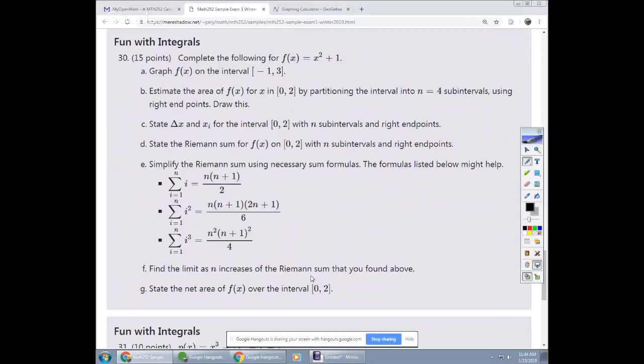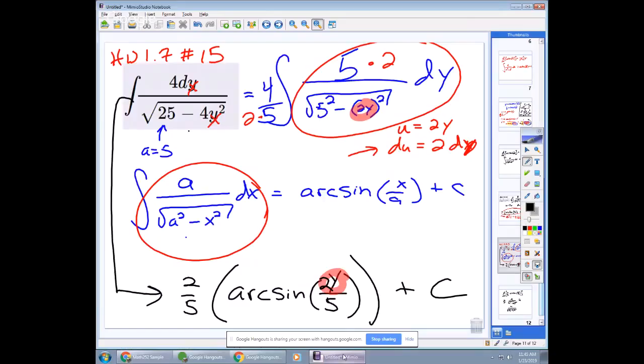So this is what it means to apply the definition. The only extra step I have in here that's different than the definition is step B, where I say, hey, just give me an approximation of 4 with 4 rectangles. So the actual definition would be steps C, D, E, F, and G applied to the definition. So first I'll state the definition.